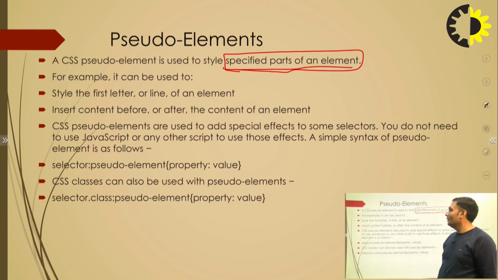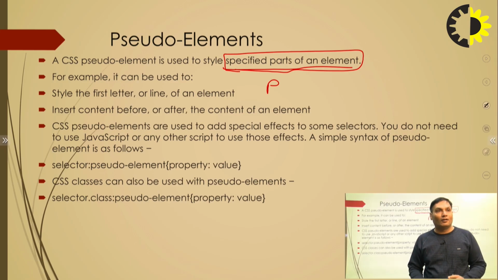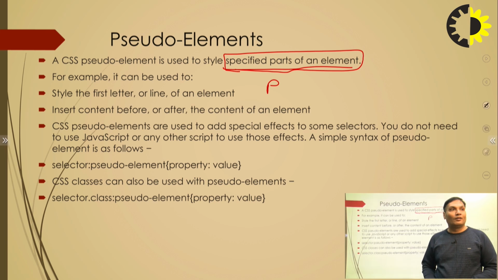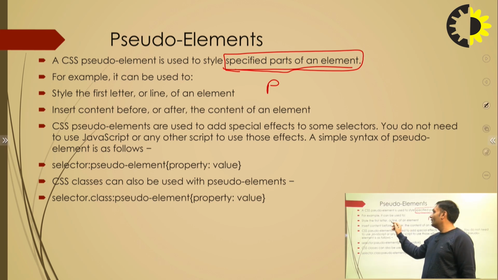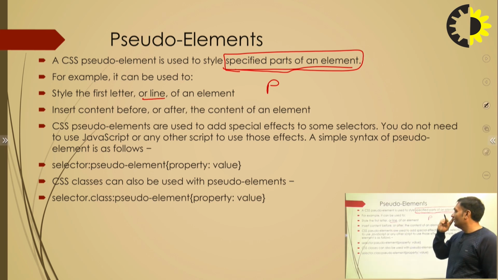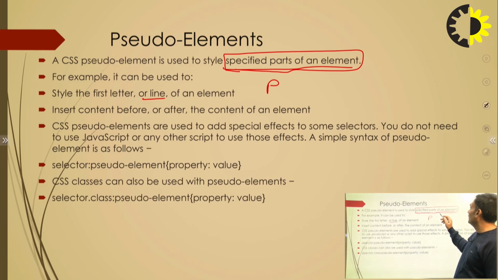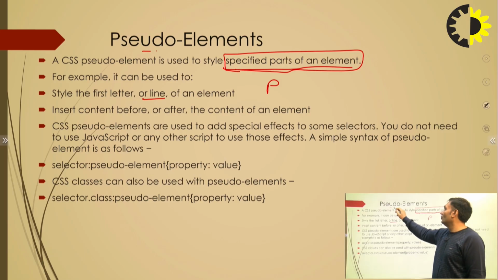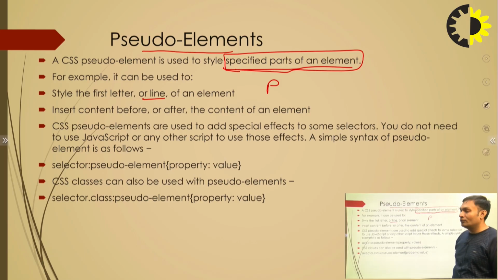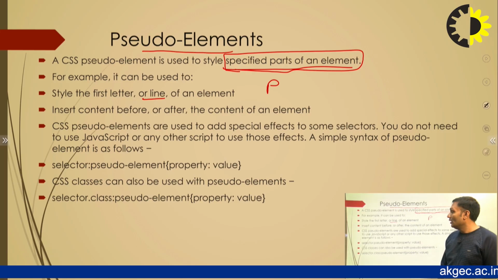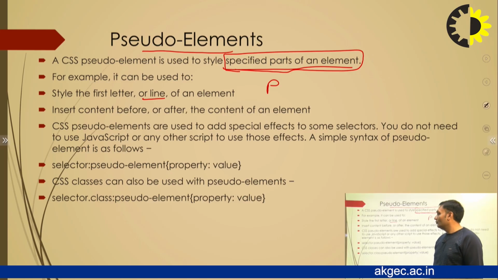For example, there is an element called paragraph and we want to style the first letter of this paragraph, or we want to style a single line of this paragraph. So we will use a pseudo element, not a pseudo class. How will we write the pseudo element?